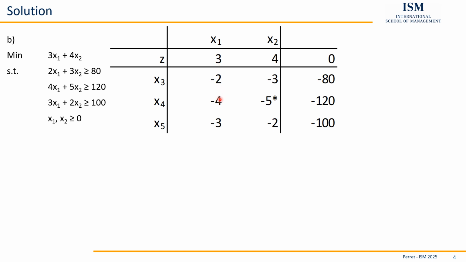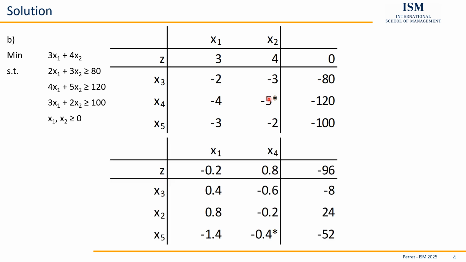Here we have 3 by 4, so 0.75. Here we have 4 by 5, 0.8. So we go with this column. So x4 pivot row, x2 pivot column, giving us a pivot element of -5. So we can do our simplex transformation with this new pivot element of -5, resulting in this table.